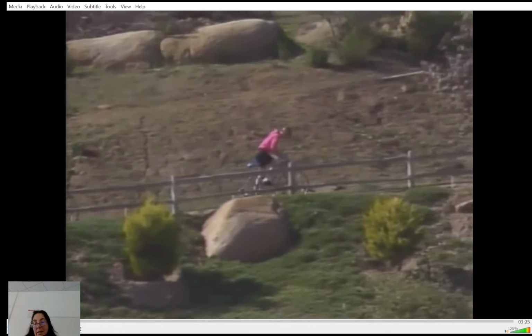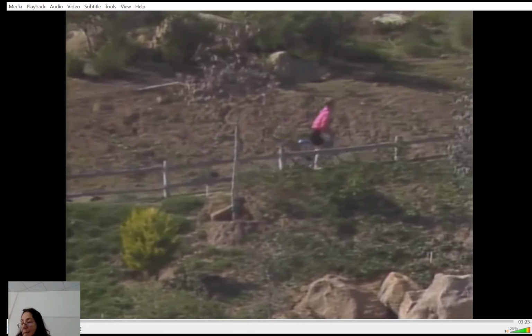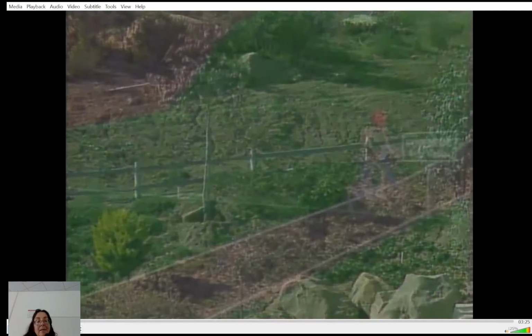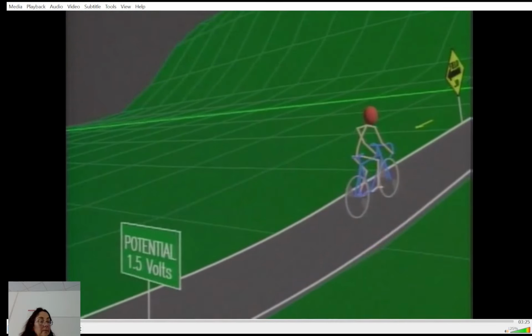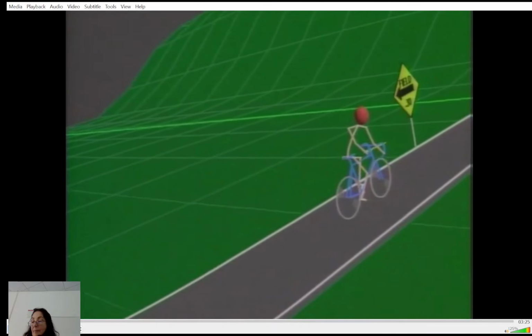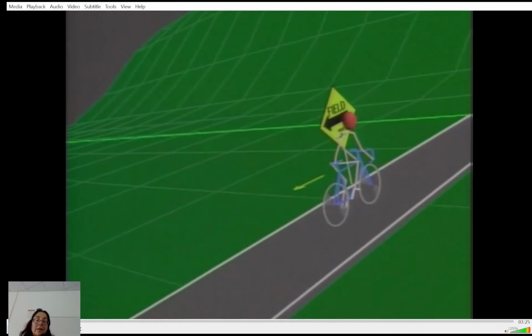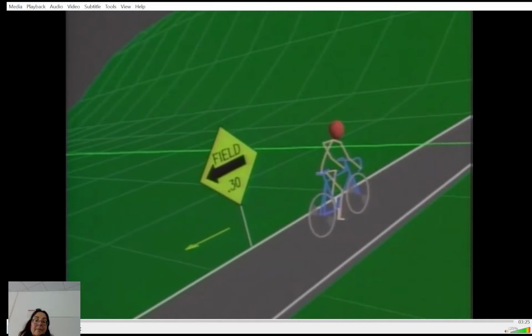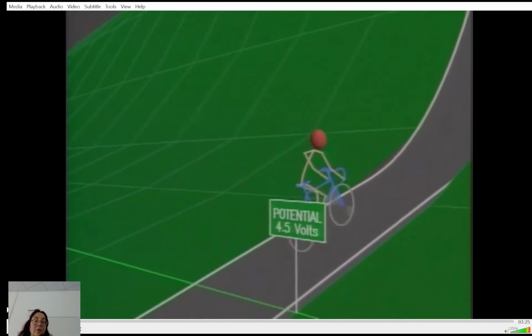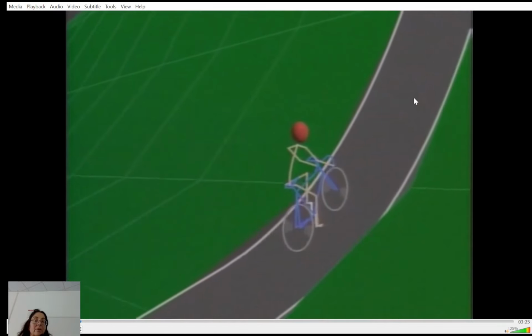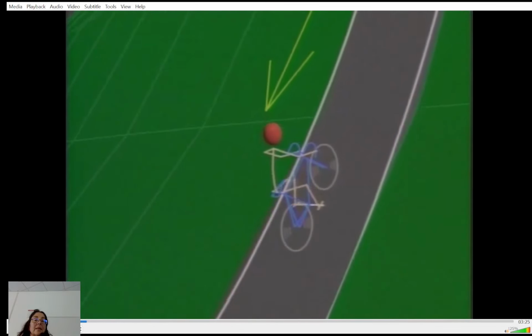Going uphill can be hard work, and exactly the same is true for electric potential. Moving up the incline of potential is hard work. And the steeper it is, the harder it is to climb.